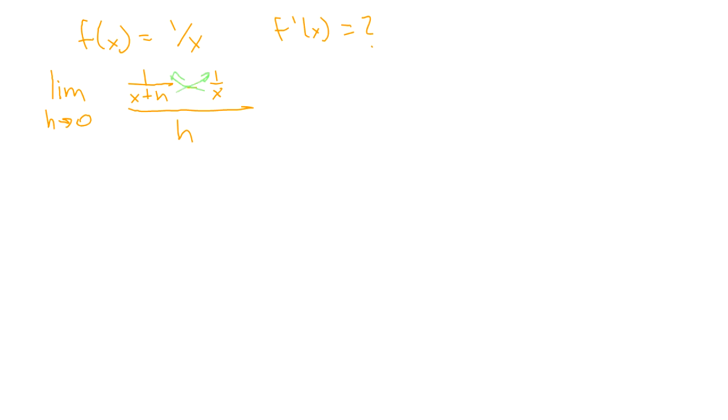Which is going to end up giving us the form of x over x squared plus hx minus x plus h over x squared plus hx, all over h.